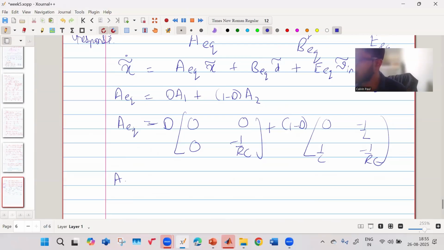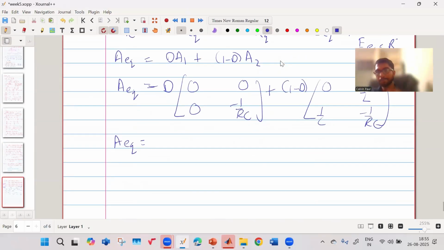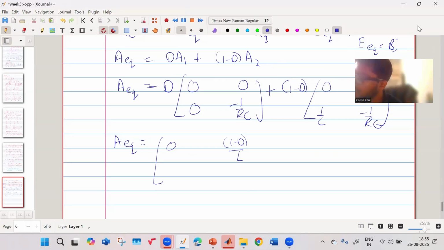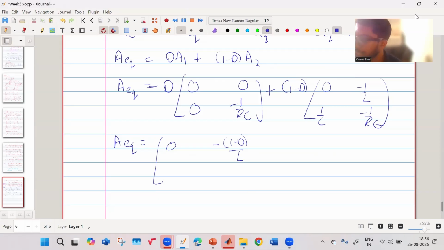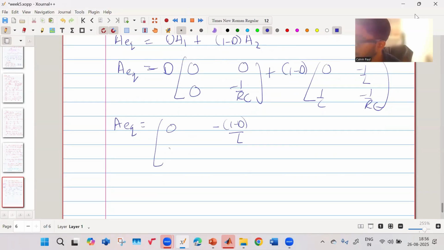Get the expression. 0, then minus (1 minus D) by L, with a minus sign also, then (1 minus D) into 1 by C, minus 1 by RC.